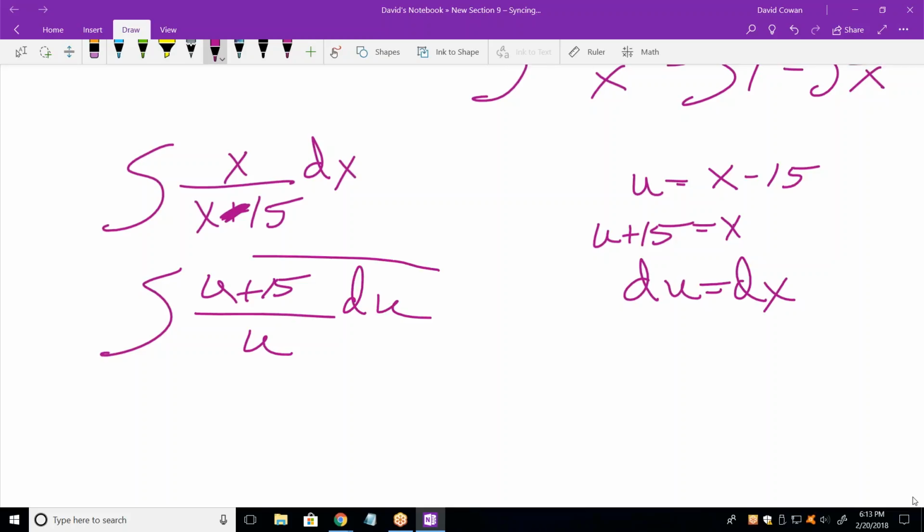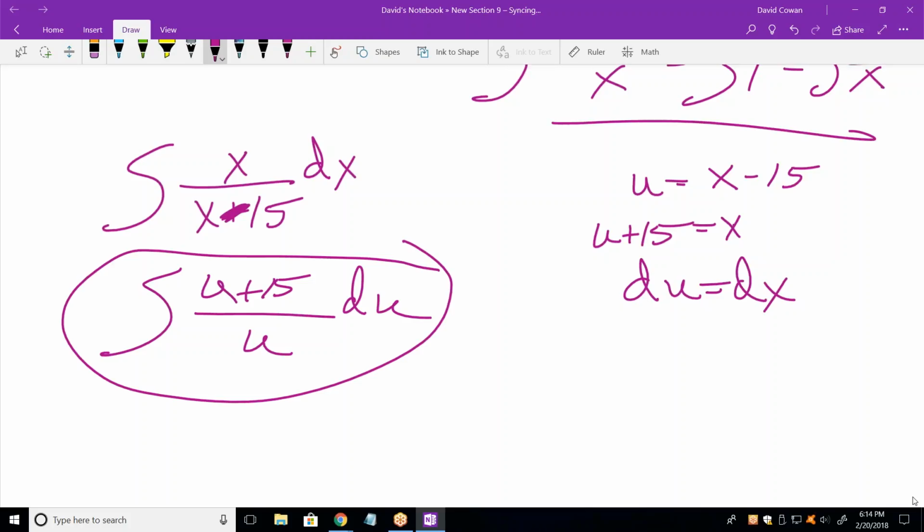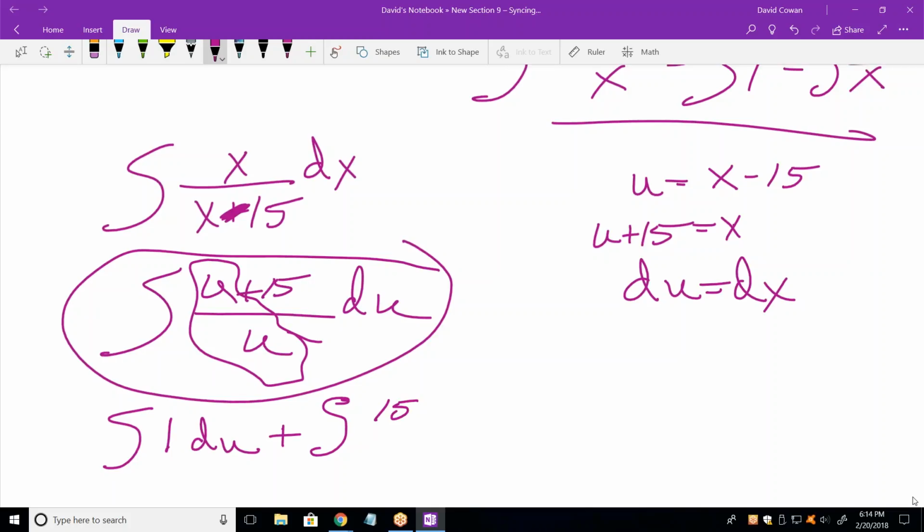Well, that's easy to do, in the same way that I did this one up here. I can split this into two fractions and then just use the power rule. So that is equal to the integral of 1 du, that's this part, plus the integral of 15 over u du, that's this part.